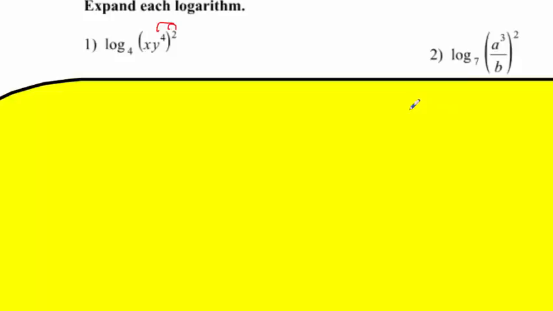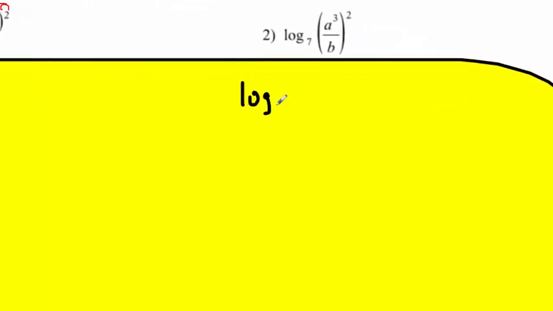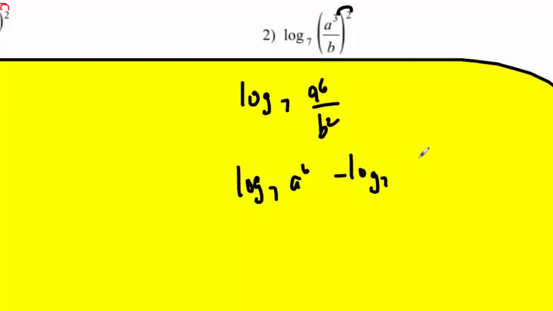All right, for this next problem, I can see it as exactly the same process. So I know this is log base 7. And if I bring that 2 out to everything, that would be a to the 6th over b squared, right? So I know division means subtract. So this ends up being log base 7 of a to the 6th power minus log base 7 of b squared.